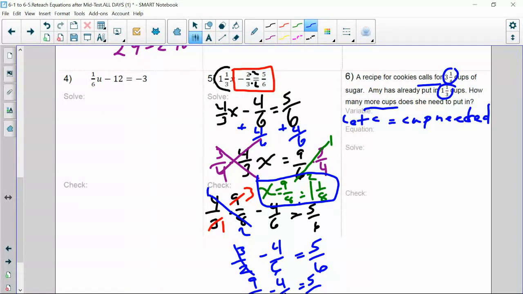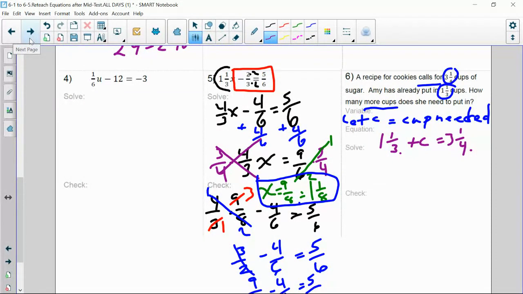Well, I know she's already put in the 1 1/3. And if I put it off to the side a little bit, I've got room to work with. Plus whatever, how many more she needs to put in. And that should equal my 3 1/4. Okay, now remember, you're going to have to get common denominators for your 1/3 and 1/4. And then, of course, check it.